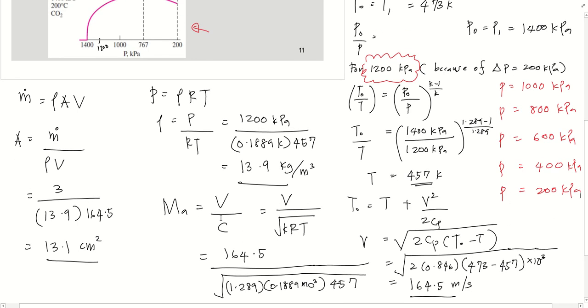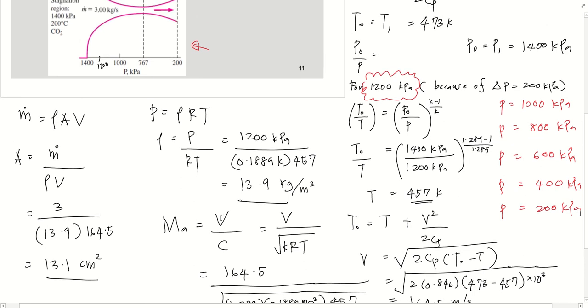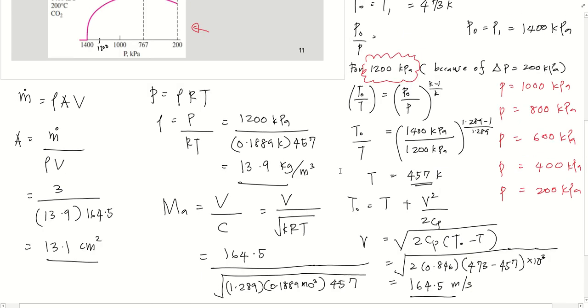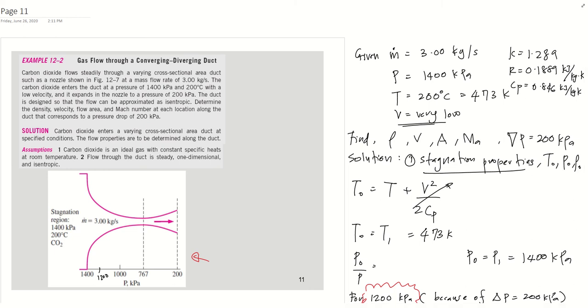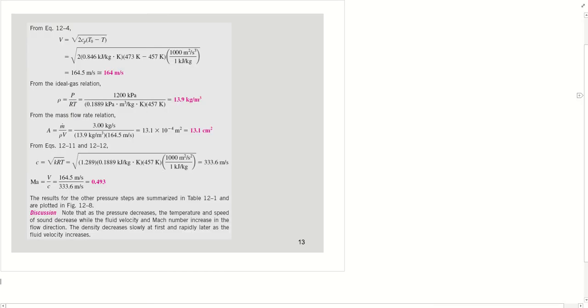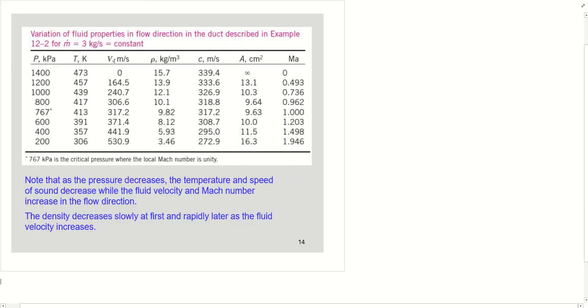Okay, so once you calculate all these properties, you may come out with this table. From this table, you can see 1400, this is a given parameter: velocity equal to 0, rho 15.7, and then C, which is the speed of sound, and area is unknown, Mach number is 0.